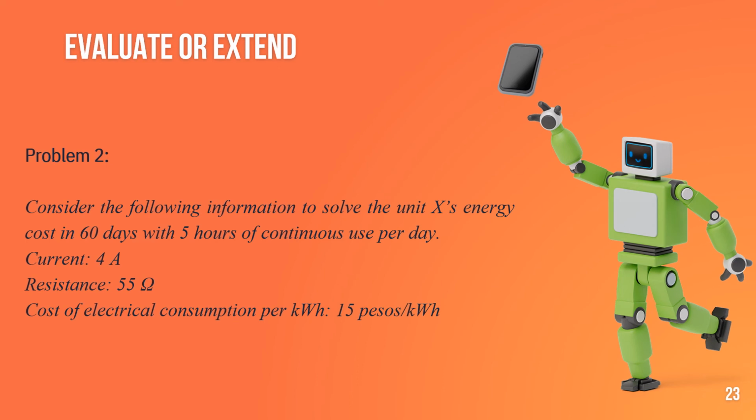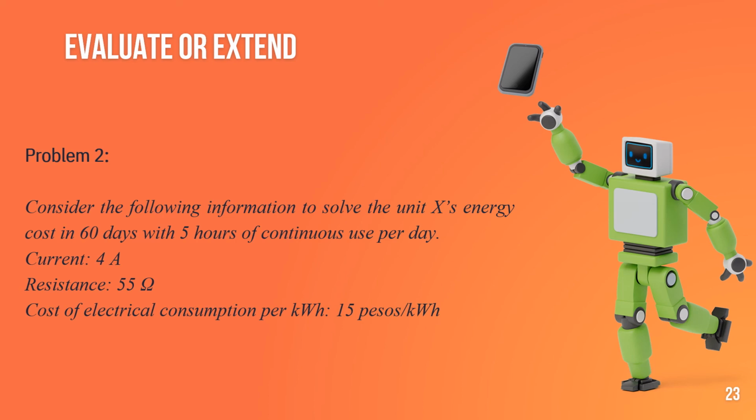And the last problem will be: consider the following information to solve the unit X energy cost in 60 days with 5 hours of continuous use per day. The current is 4 amperes, resistance is 55 ohms, and the cost of electrical consumption per kilowatt hour is 15 pesos per kilowatt hour.